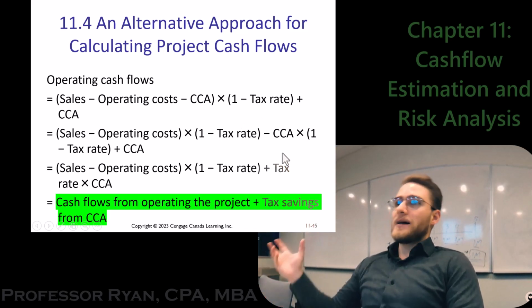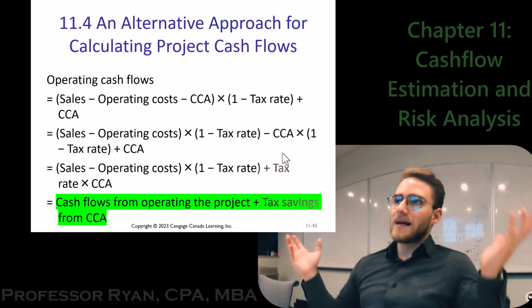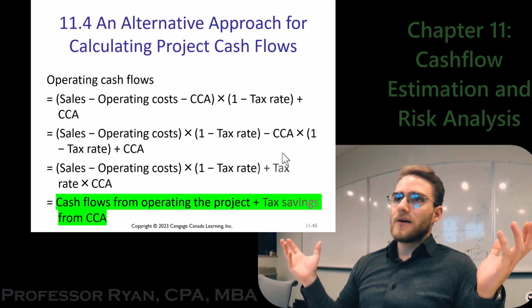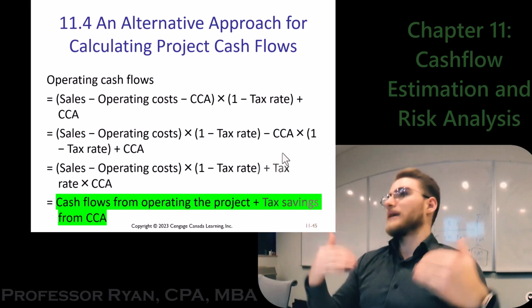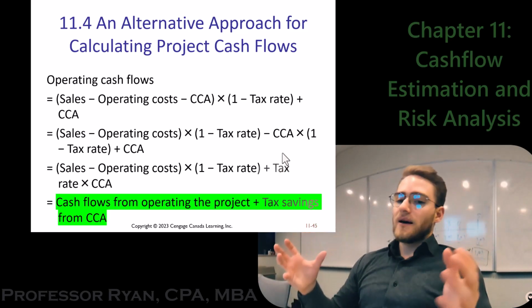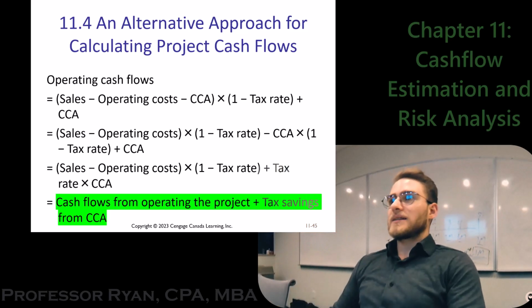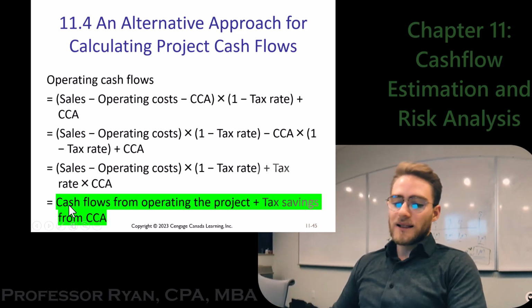And then at the very end, just calculate the tax savings from CCA. So instead of deducting CCA and then adding it back, we could just do everything else and then figure out the tax later. And that's through one very specific calculation. So that's what this is saying.